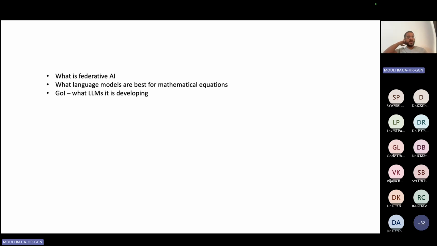Next question, what language models are best for mathematical equations? We already saw there are so many methods that you can look at within GPT itself. But Google's DeepMind models are fairly accurate for mathematics. That's why if you do a search, they also provide good answers. Next, somebody asked, are there any language models from the Government of India?